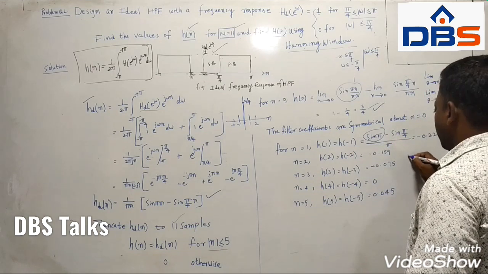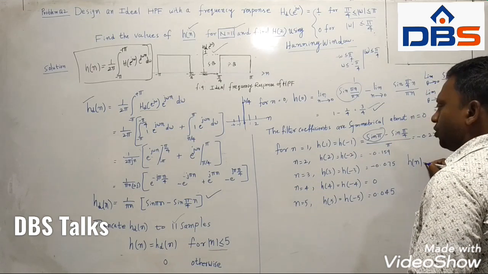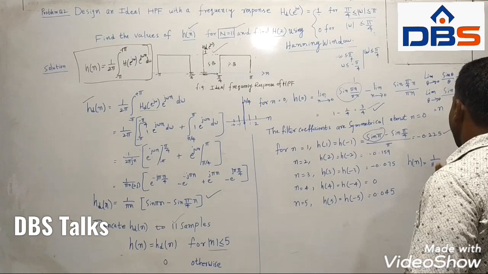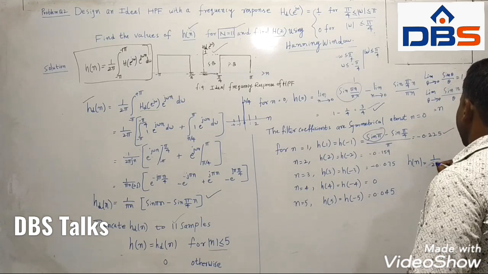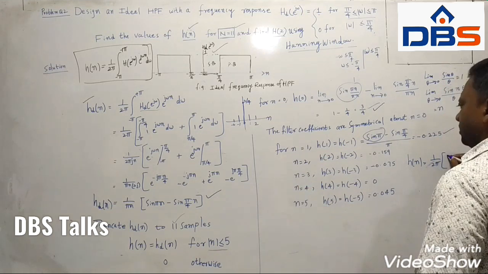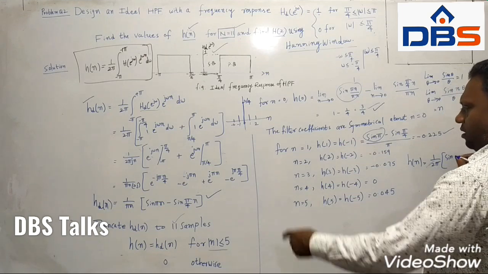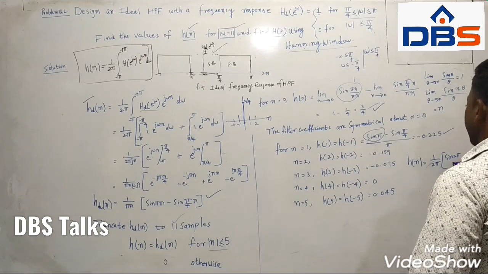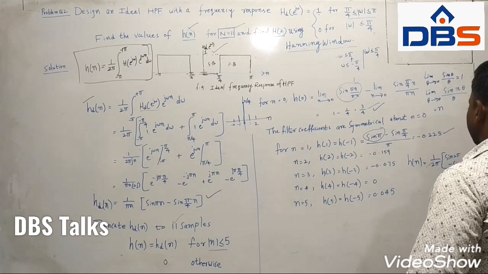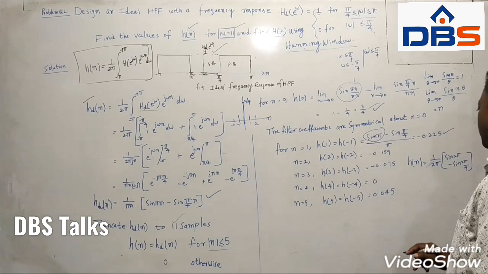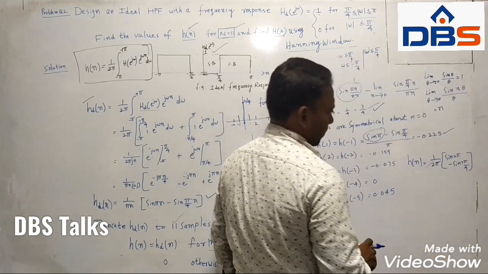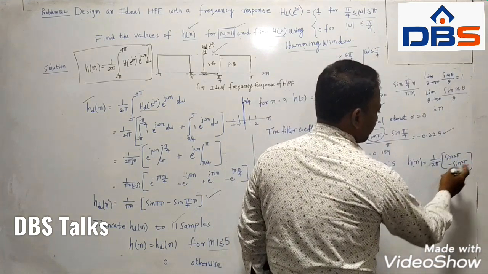So what happens? h(n) is equal to 1 by 2 pi, n is 2: 1 by 2 pi times sin 2 pi minus sin 2 pi by 4. 2 pi by 4 means pi by 2.